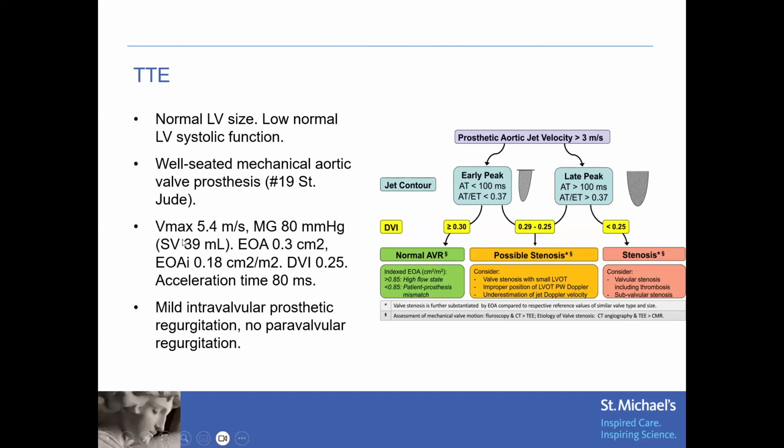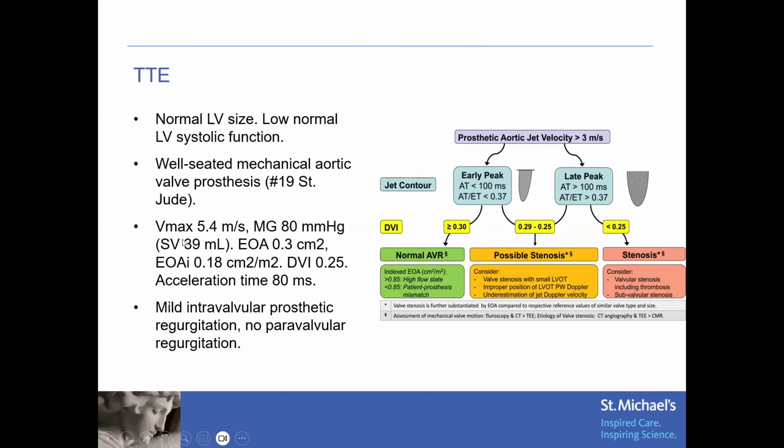Again, just to keep in mind always, regurgitation is important to assess and always think about when you're thinking about elevated gradients. So when you work through the figure here on the right, Vmax is clearly elevated, the gradient is elevated. The contour, we can go back and look at it, but you can tell from the acceleration time, which is an assessment of that contour, that acceleration time is actually not that bad.